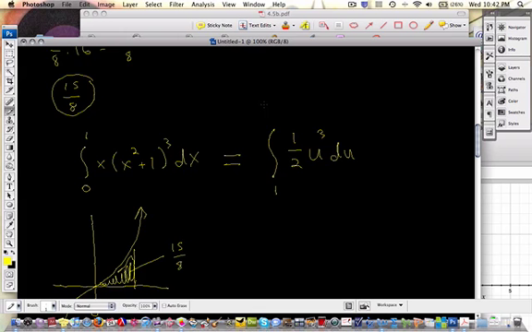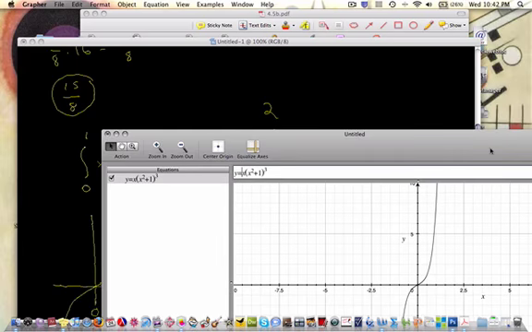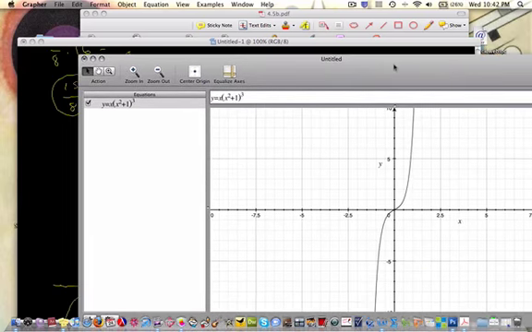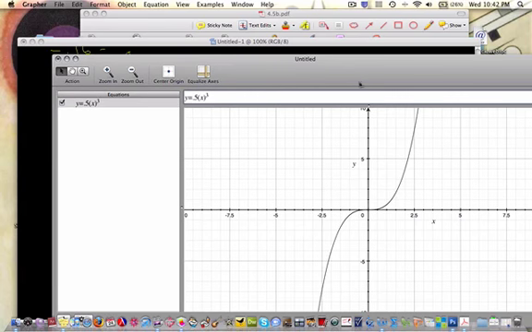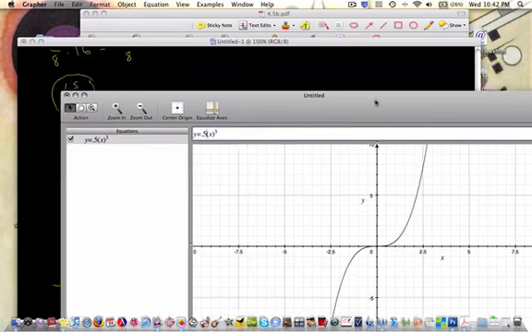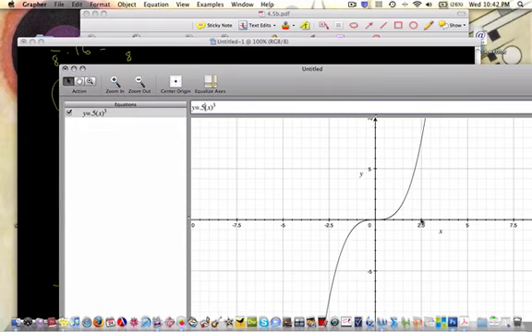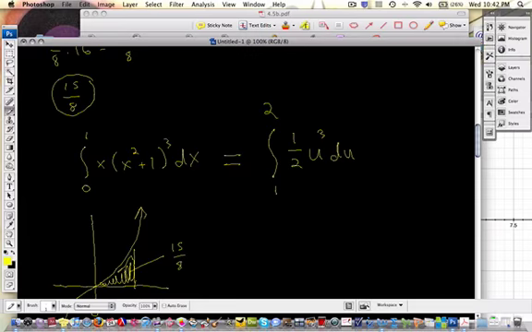From 1 to 2. So I'm actually going to look at what 1/2 u cubed looks like, just that function. I'm going to plot it just as a function of x to make it simpler here. So I'll just say 0.5 x cubed. Looks kind of similar, right? It's a cubic. And we're looking at it from 1 to 2. So I'm going to draw a quick sketch of that.